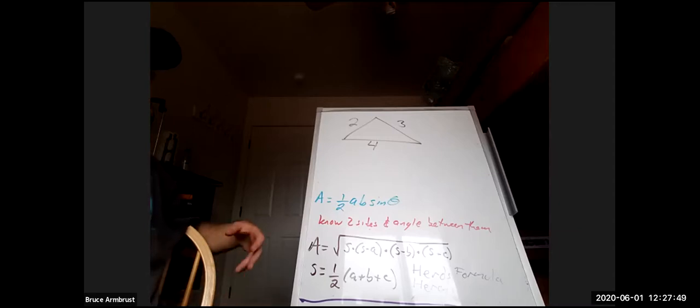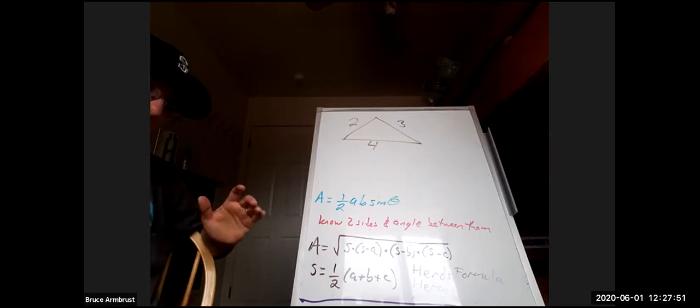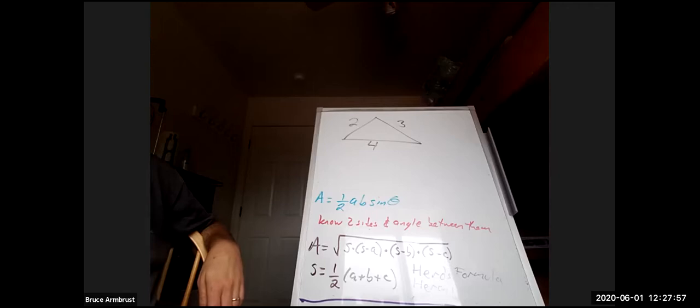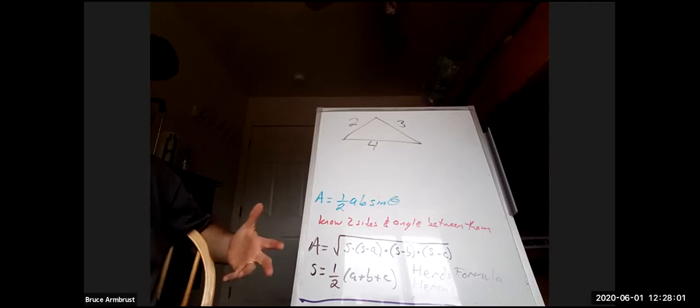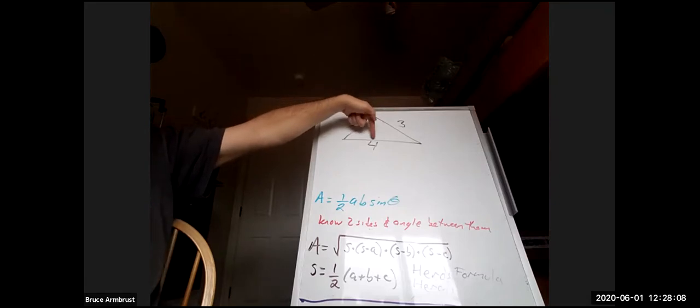So you can see how that first rule that you guys learned, that first formula, 1/2 base times height, is not very useful here. Because we'd have to specify one of the sides as a base. Maybe we'd go with this 4 because it's already oriented the way we like to have a base. But we'd still have to draw on this perpendicular and figure out its length.